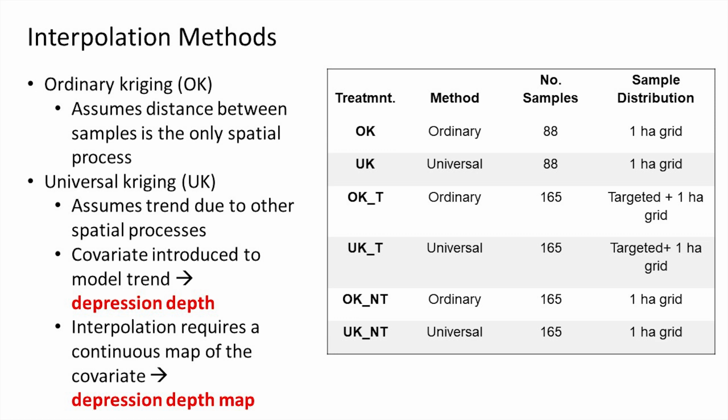But another method that's available is called universal kriging, and this assumes that there's some trend in the distribution of soil phosphorus, and that's due to other spatial processes. And what our data suggest is that it's really this relationship with the depression depth that can be useful in understanding how or where this trend is and what's driving this trend.